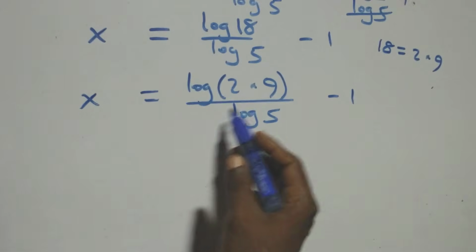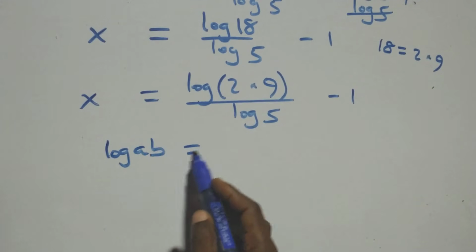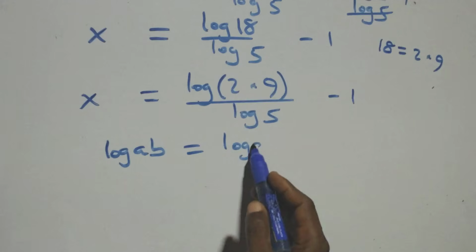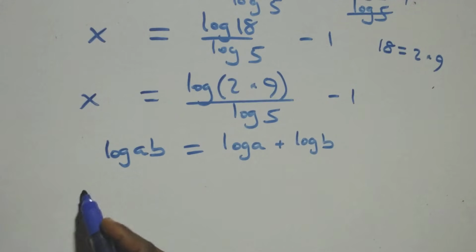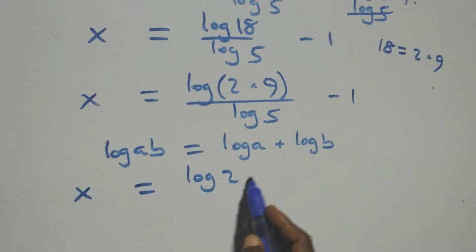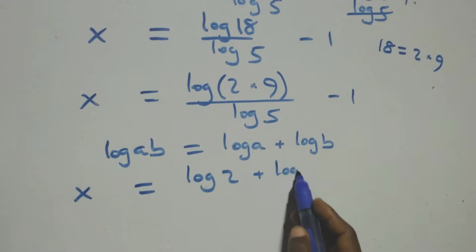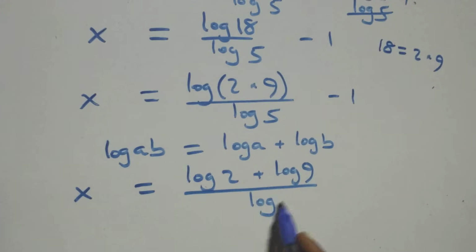And this also follows the law of logarithm when we have log a times b, which can be written as log a plus log b. Then here we have x equals log 2 plus log 9 over log 5 minus 1.